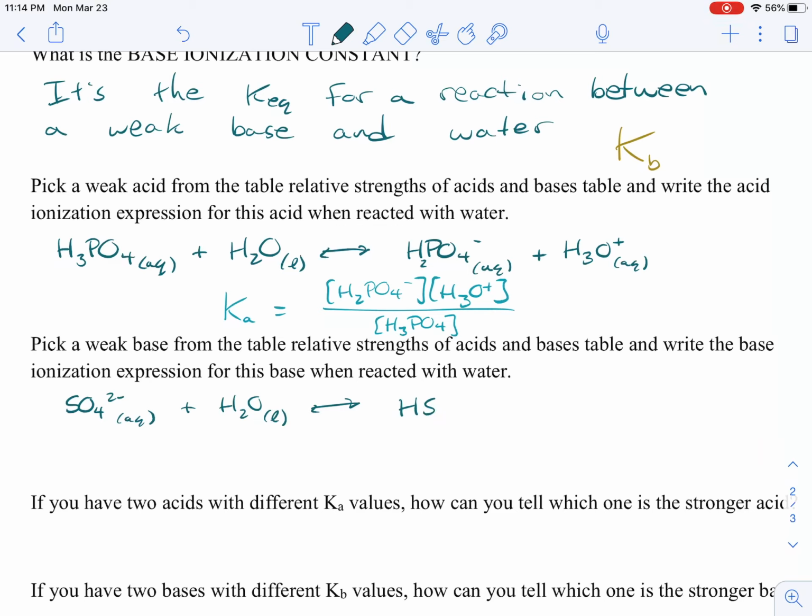So we end up with HSO4 negative plus hydroxide. In this case, we're going to call it Kb. It is equal to the concentration of HSO4 negative multiplied by hydroxide, all divided by the concentration of sulfate.